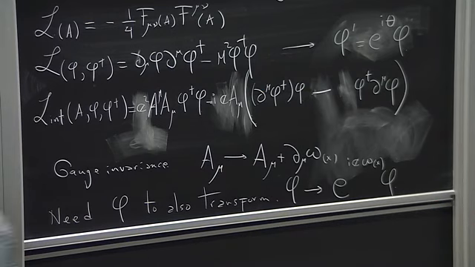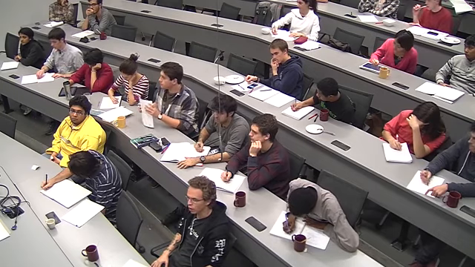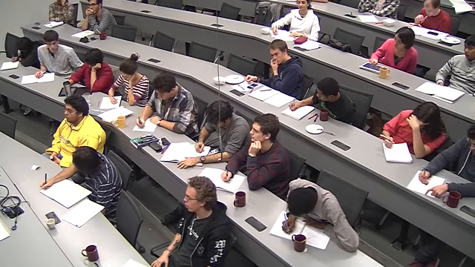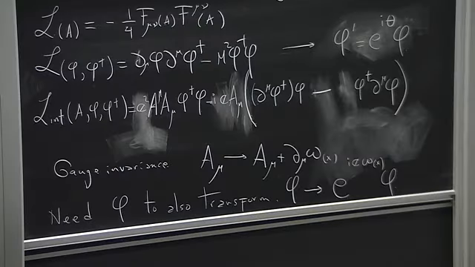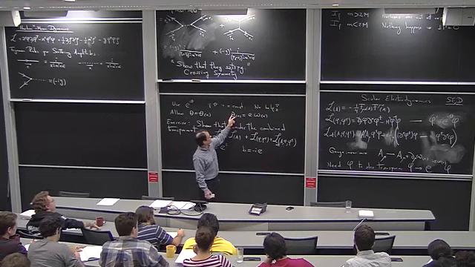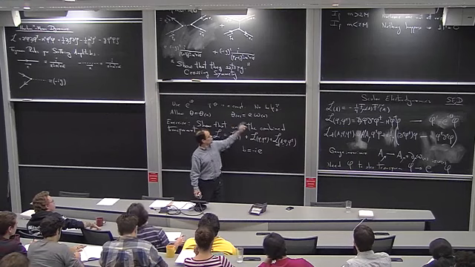Yes? Seems that for any value of E I'll have a different interaction Lagrangian, so why not sum over all the E's that I have? Sorry, sum over what? All the E's. Which E's? E was chosen arbitrary, right? All I'm saying is that I'm proposing the simplest answer, where this guy is proportional to this guy.